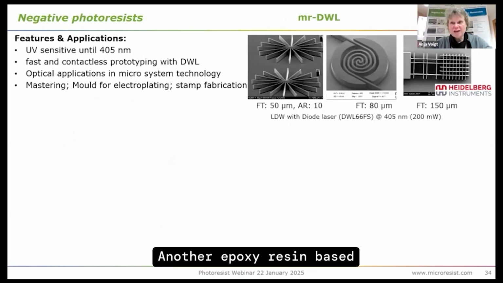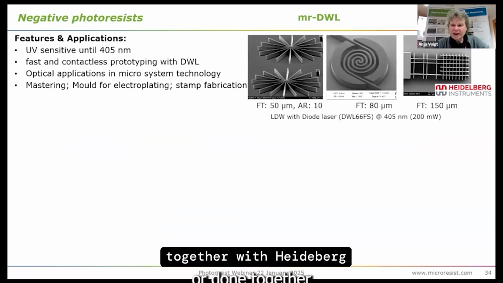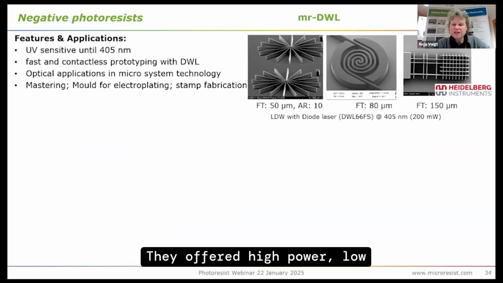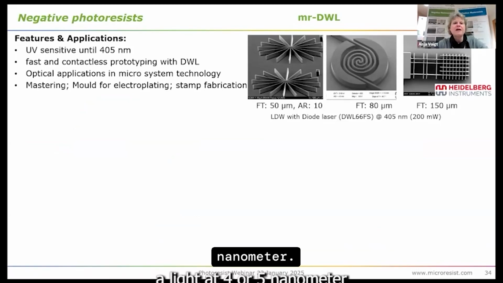Another epoxy resin-based material is mr-DWL. The development of the material was done together with Heidelberg Instruments. They offered a high-power, inexpensive diode laser, which emits light at 405 nanometers.